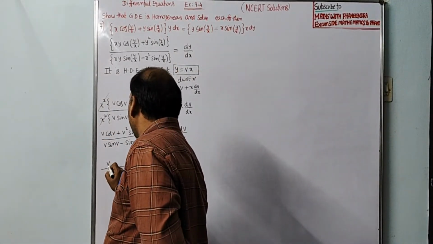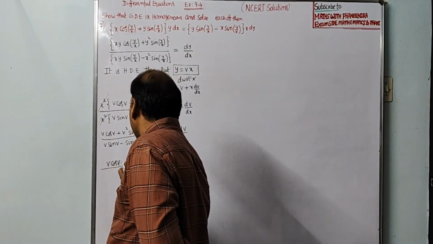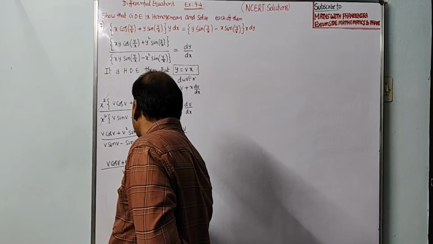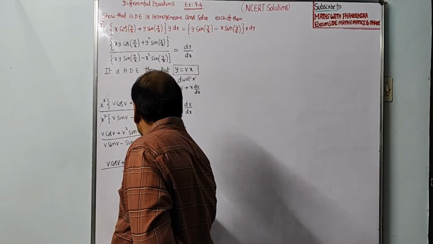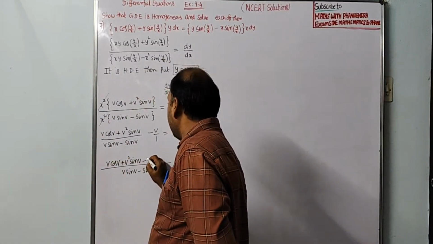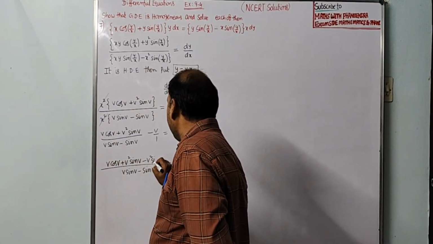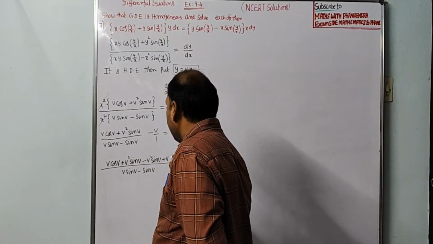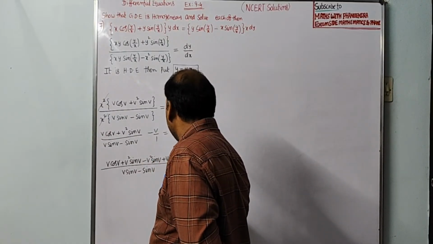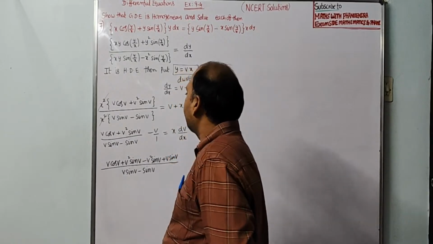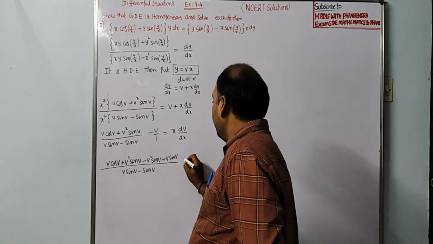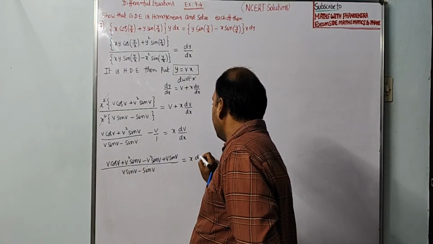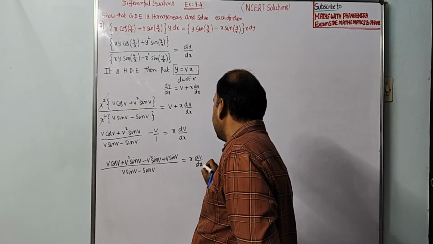Next, v cos v plus v square sin v minus v into v, so minus v square sin v, minus into minus is plus v cos v. Okay, dear students, is equal to x into dv by dx.